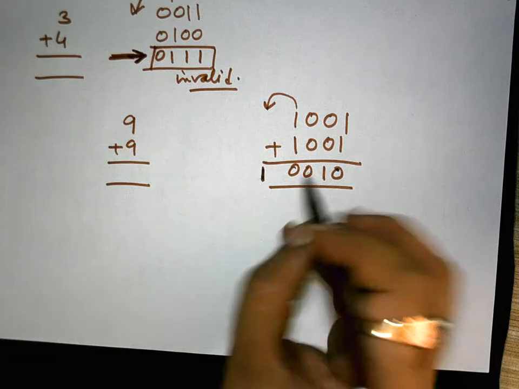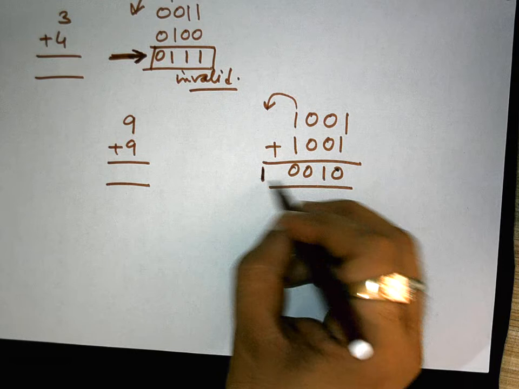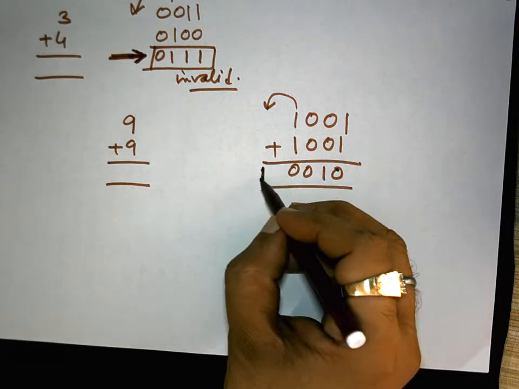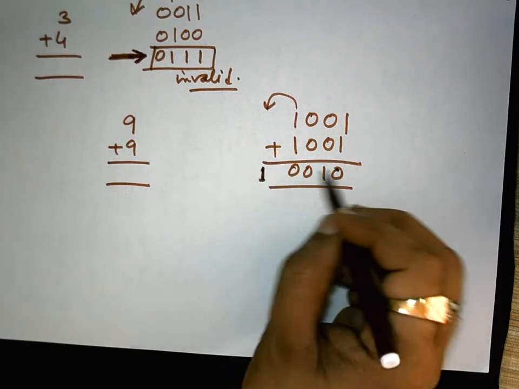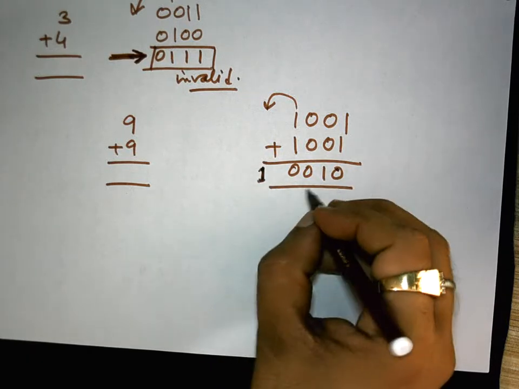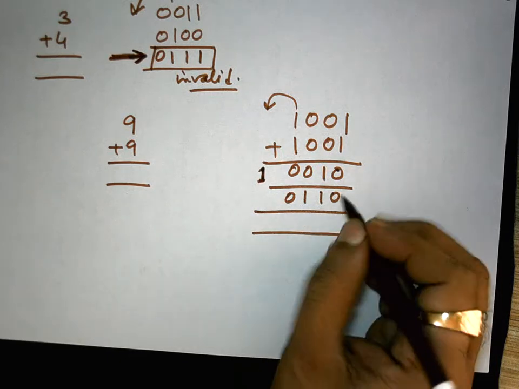So this is in fact 10010. Because of this carry generation, neither this code is invalid nor this code is invalid, but simply because of this carry generation we add 6 to get the final correct result.